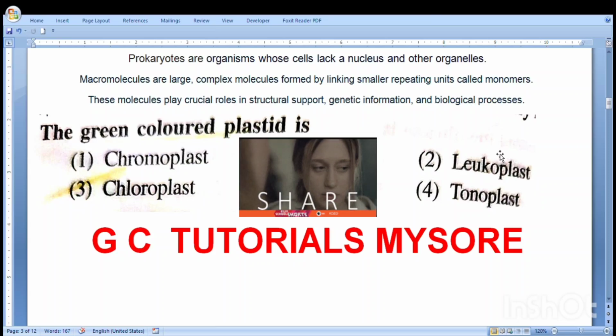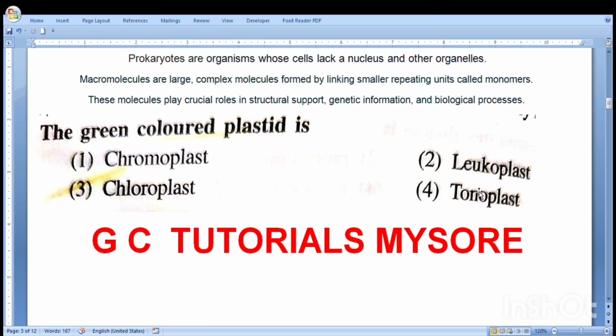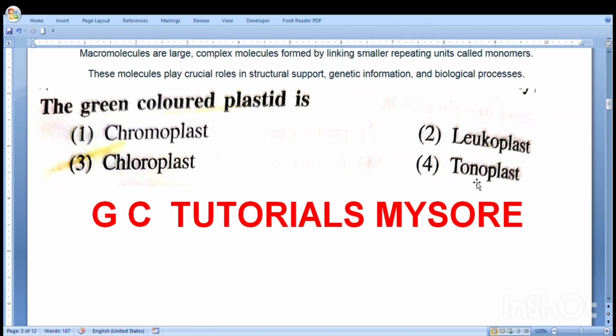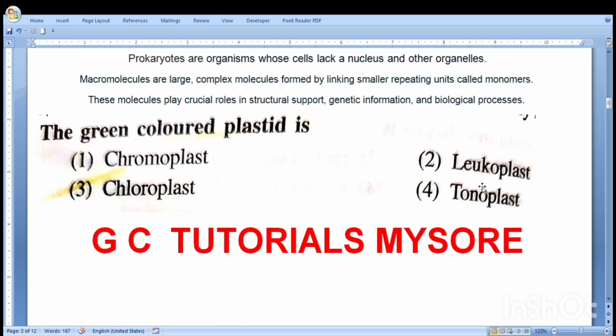The function of this leucoplast is the synthesis and storage of starch, oil and proteins itself.